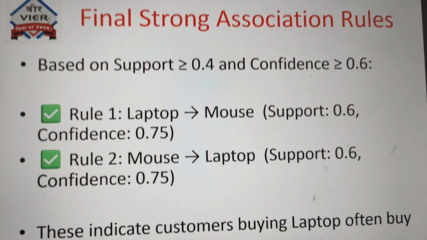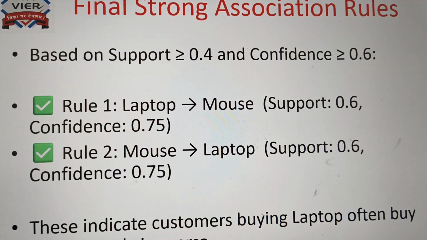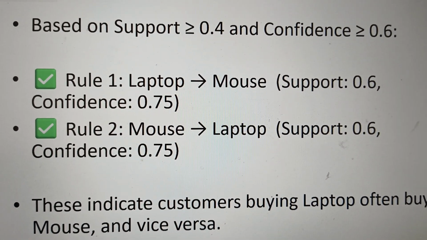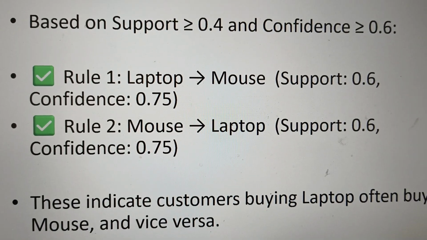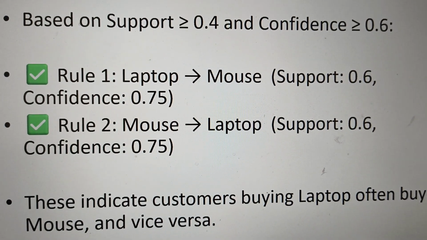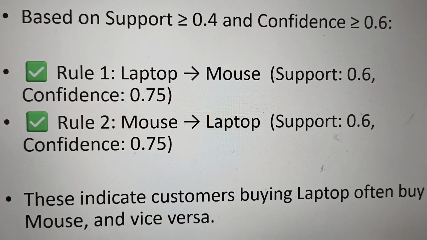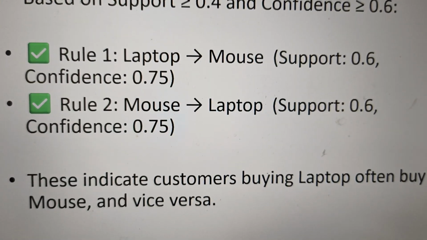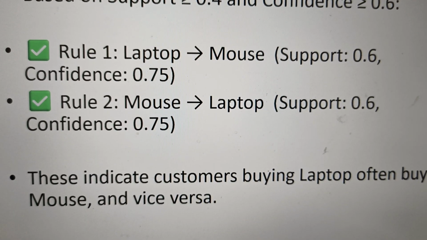Next, we are going to find the strong association rule. For that we are going to consider the item sets which have support greater than or equal to 0.4 and confidence greater than or equal to 0.6. So the first one, laptop to mouse, support is 0.6, confidence is 0.75.